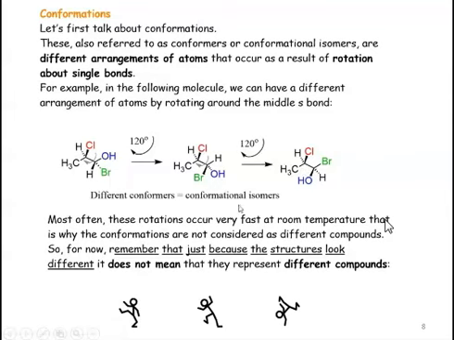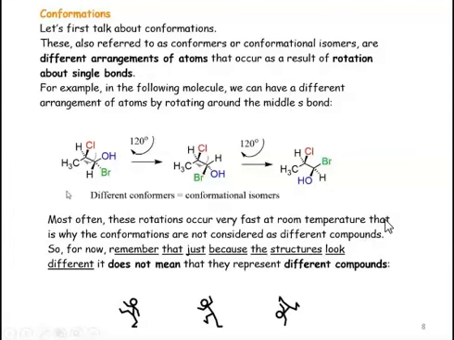Now, most often these rotations occur very fast, because rotation about a single bond or a sigma bond is able to undergo free rotation at room temperature. That is why conformations are not considered as different compounds.